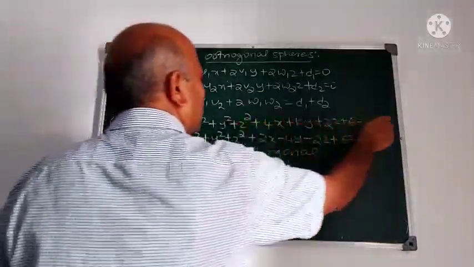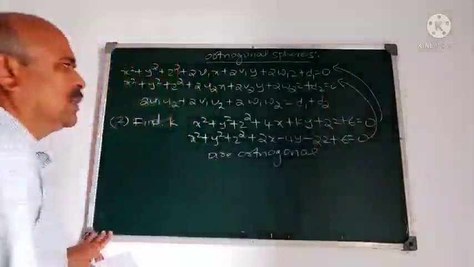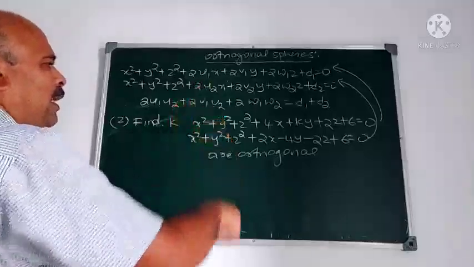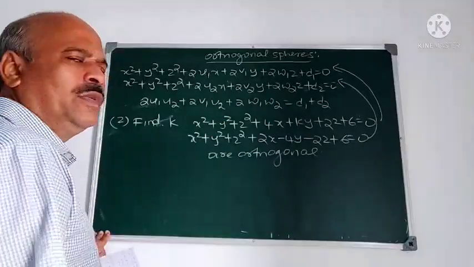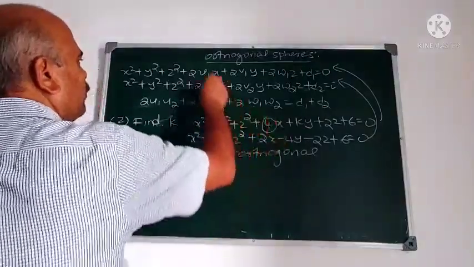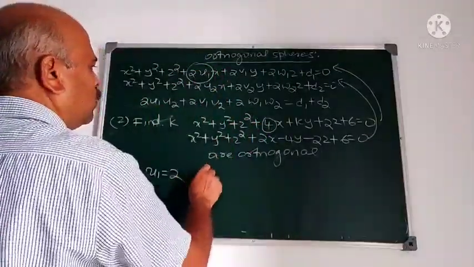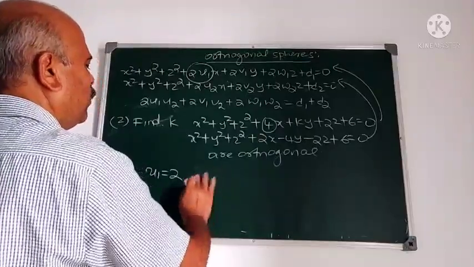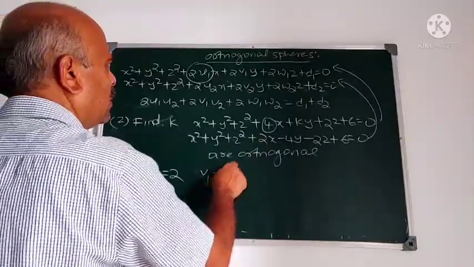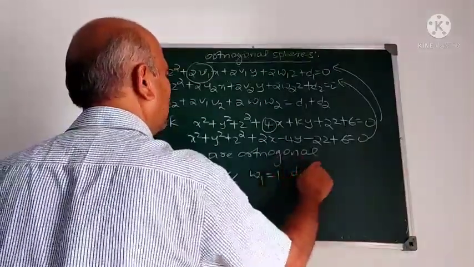Again, the first step is we compare with the first standard equation, then the second with the second standard equation, and write down u1, v1, w1, u2, v2, w2. What is u1? u1 is 2 because here 2u1 is 4. v1 is k by 2, w1 is 1, d1 is 6.